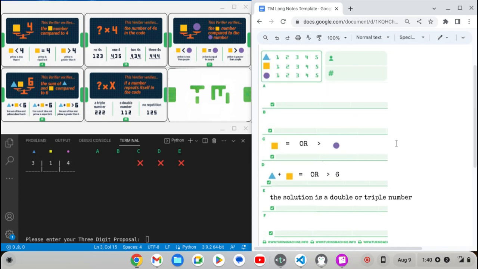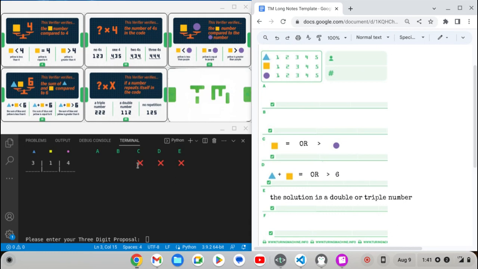Okay, and I don't believe I can cross out anything because they can be equal, and that could be our double number. It could be equal or square could be greater than circle. So we still don't know for sure. Well, that does it for this round.